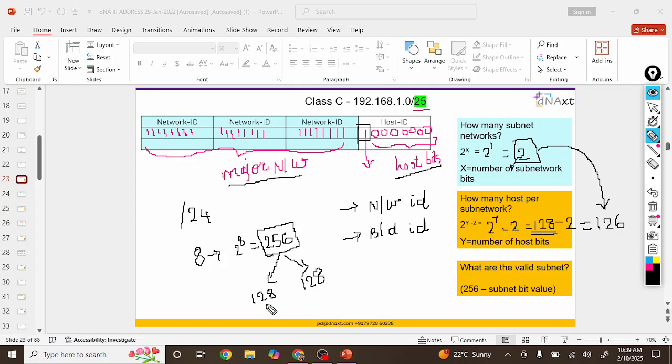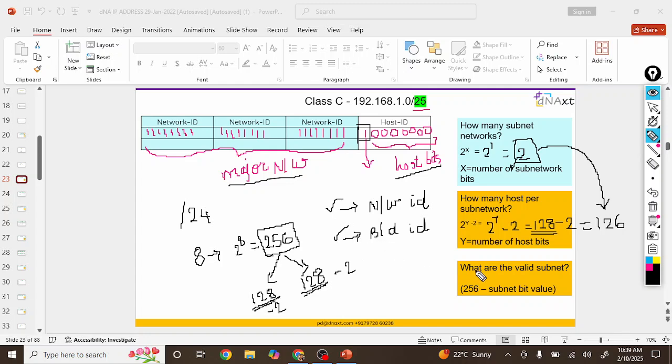Okay, though you always have to subtract 128 minus 2. You have to always subtract 2 from the IP addresses. Okay, why? I have told you the reason. One is your network ID, another is your broadcast ID.